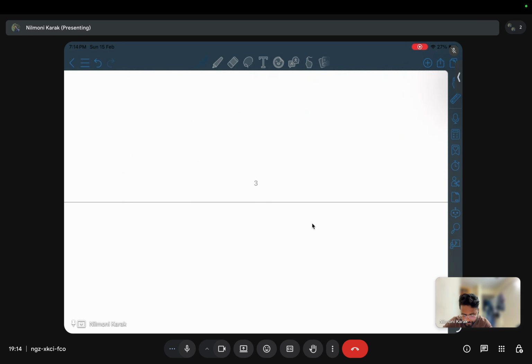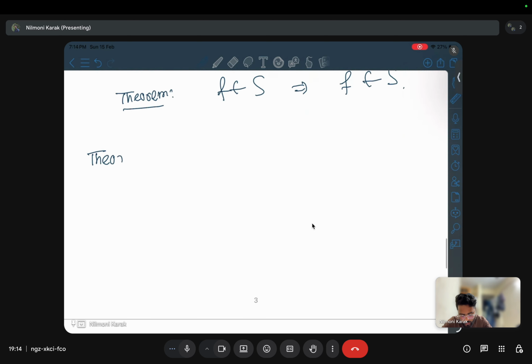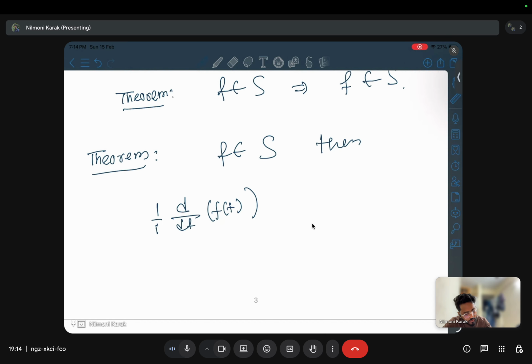So yeah, one more important theorem: if f is in S, then the Fourier transform of (1/i) d/dt of f(t) is basically xi times f hat(xi).